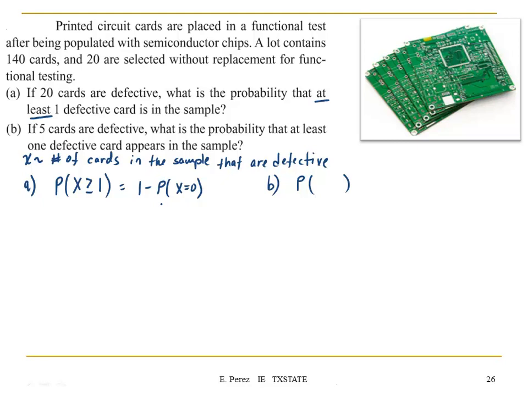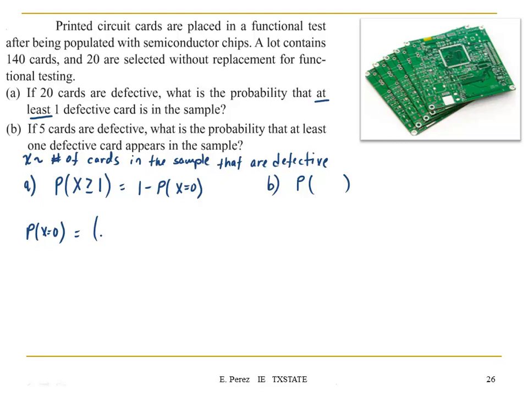Okay, so for this case, we have the probability of X being equal to 0. What I'm going to do is just substitute the parameters into the hypergeometric distribution, because I know this problem satisfies the conditions for a hypergeometric, so I can use the hypergeometric to compute that probability. And again, this is based on the random variable, how you define the random variable based on the problem.